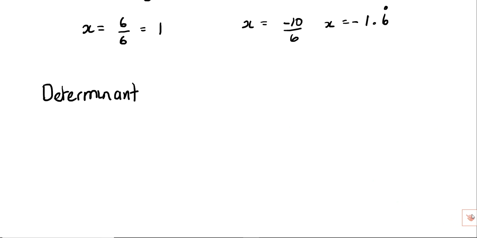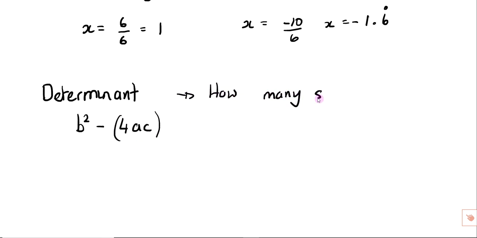It's part of the quadratic formula. The determinant is b squared minus 4ac. It's that bit. That's called the determinant. And it determines how many solutions there are.